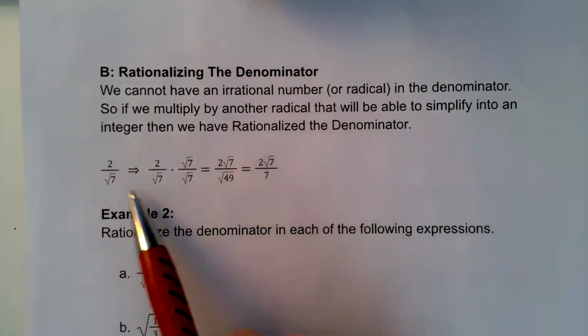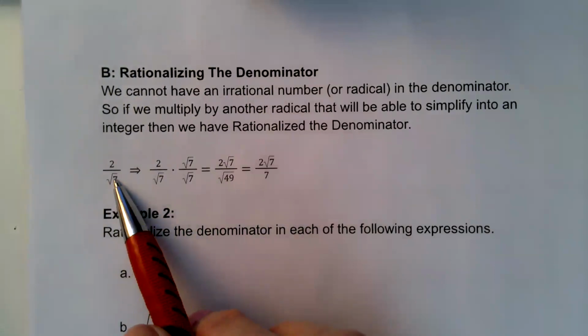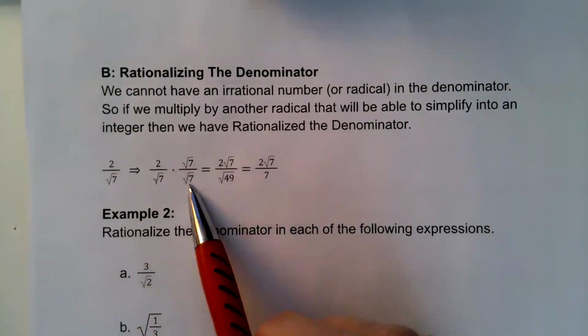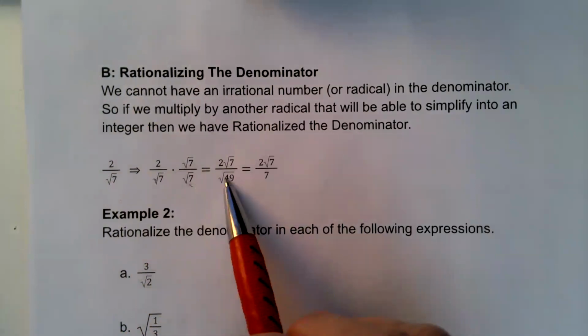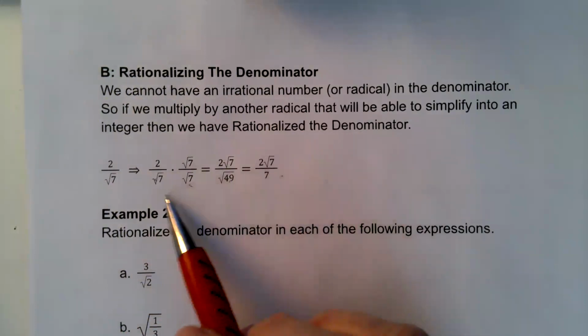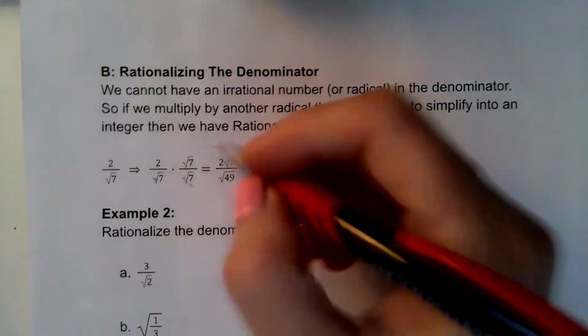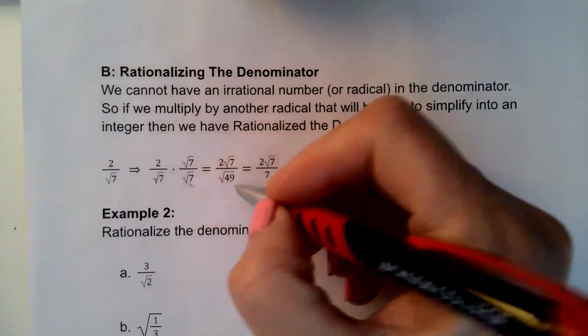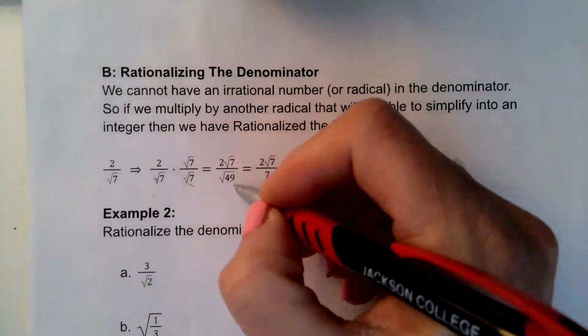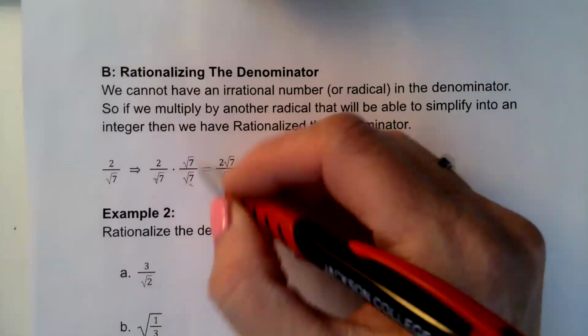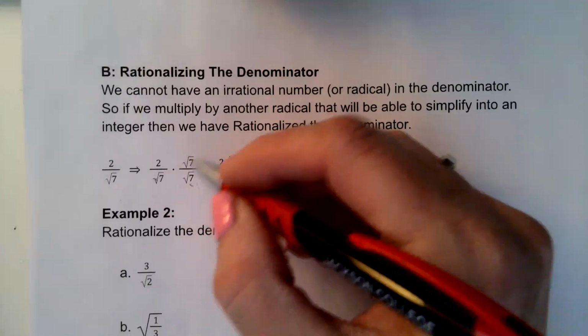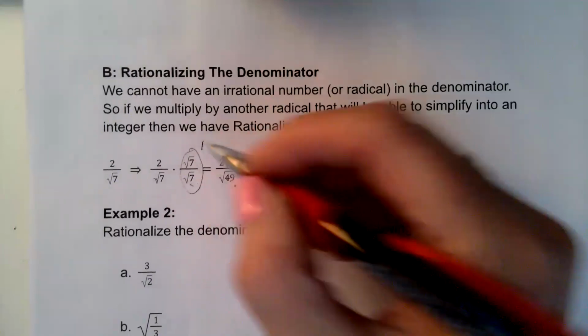Since 7 doesn't have a perfect square root, I can just multiply by another square root of 7, and then I do have a pair. I have the square root of 49, which is 7. And if I multiply the denominator to force it to a perfect square root, then I have to also multiply the numerator by the same value, because this has to equal 1.